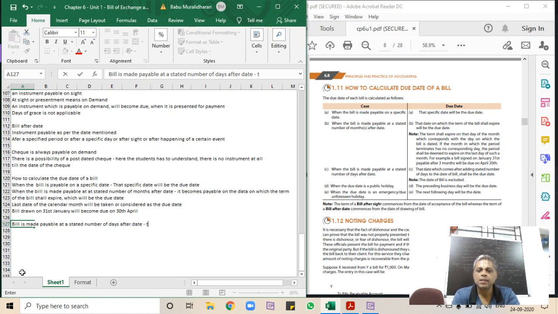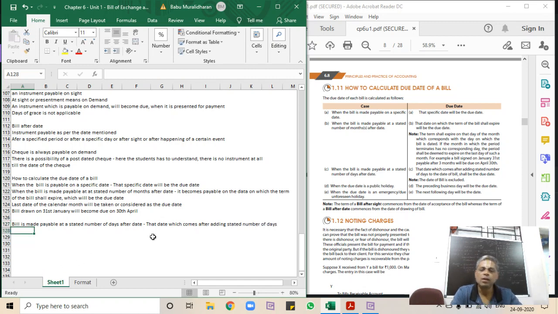In this case, the due date is the date which comes after adding the stated number of days. Suppose again the bill is drawn on January 31st and it says 90 days. Assuming 29 days in February, 31 days in March, and 30 days in April, 90 days, it becomes due on 30th April.